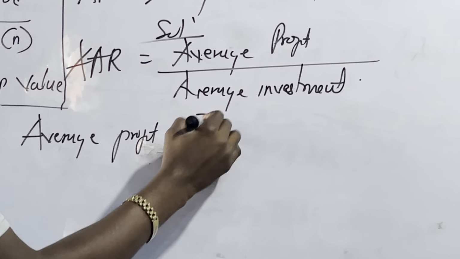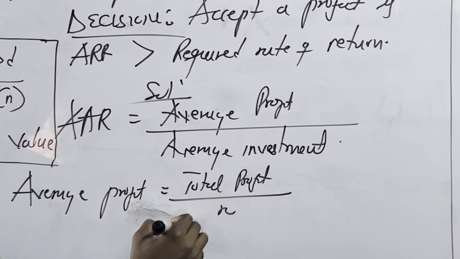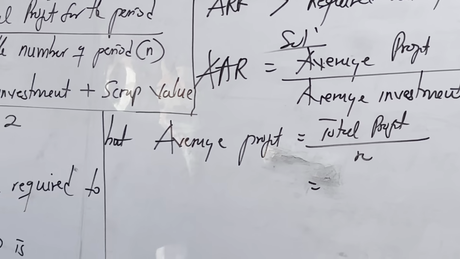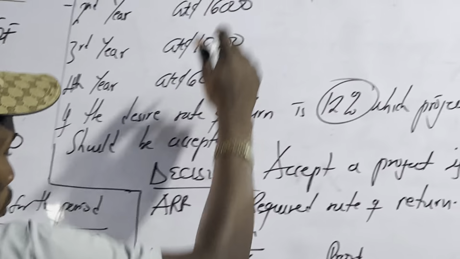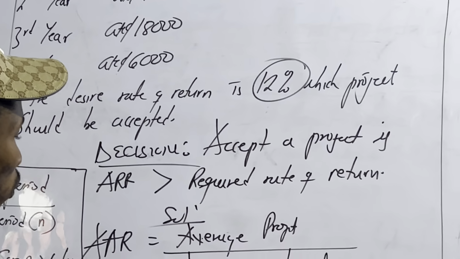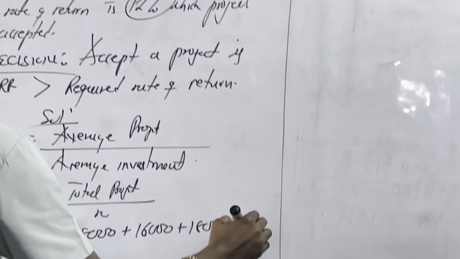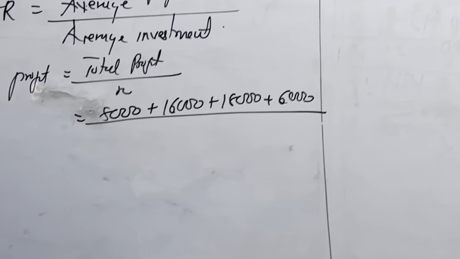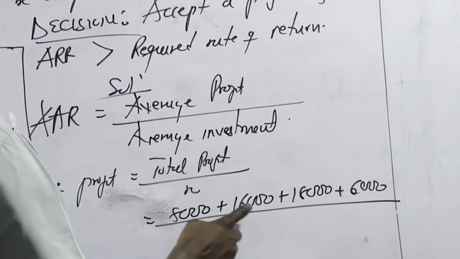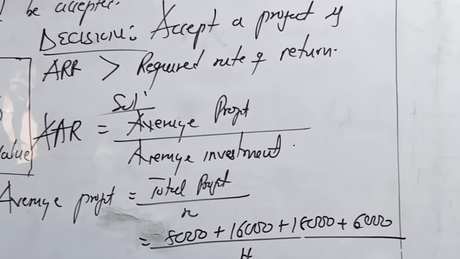Our total profit over n, that is the number of periods. And what is our total profit? First year we have 8,000, second we have 16,000, then 18,000, and then 6,000. So how many profit streams do we have? 1, 2, 3, 4. So we divide by 4. And then we add.